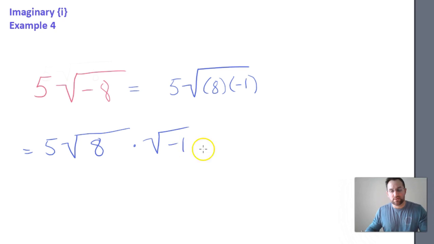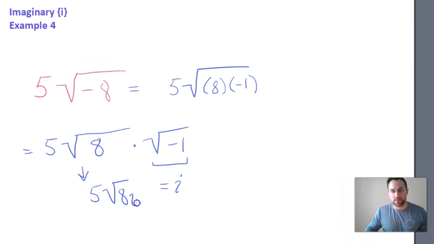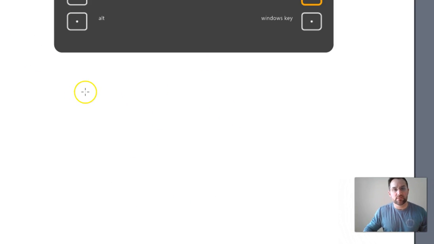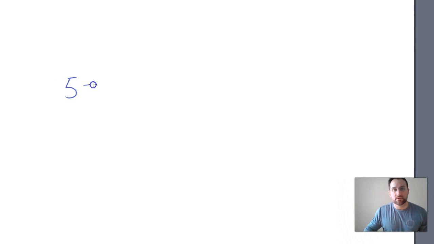You see how it's breaking down, and we remember that square root of negative 1 is equal to I. So we have 5 times square root 8 times I, right? This is times square root of negative 1, so it's just I, right? That's where we're at so far. Let's go ahead and clear this out. So we have 5 times square root 8 I.